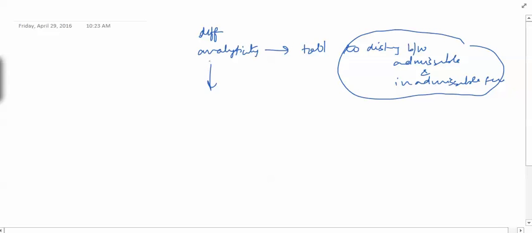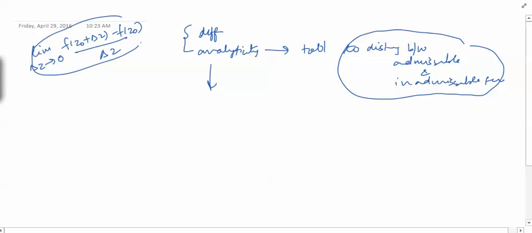Right now we have seen the definition of differentiability, that this limit, f of z naught plus del z minus f of z naught upon del z, should exist. In real analysis, whether this limit exists or not is easy to check, since you have a left hand limit and a right hand limit. But in complex analysis, checking whether this limit exists or not is difficult.